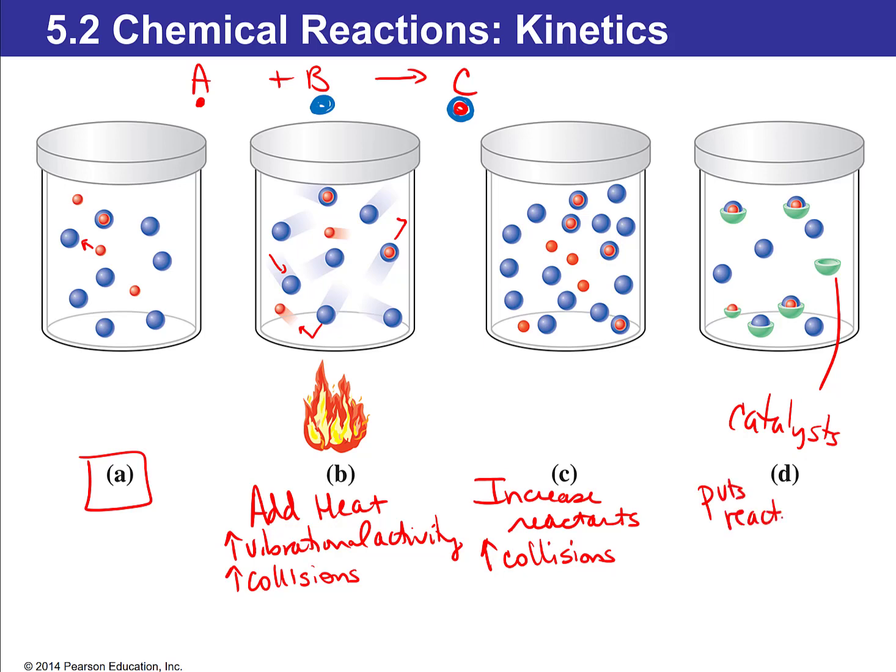So it puts reactants together in the right orientation, which is half the battle. And that is going to increase the rate of the reaction. This lowers the activation energy.